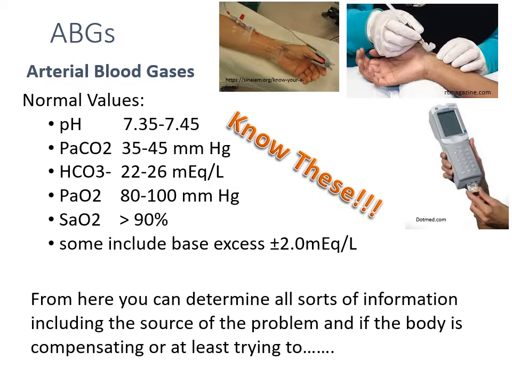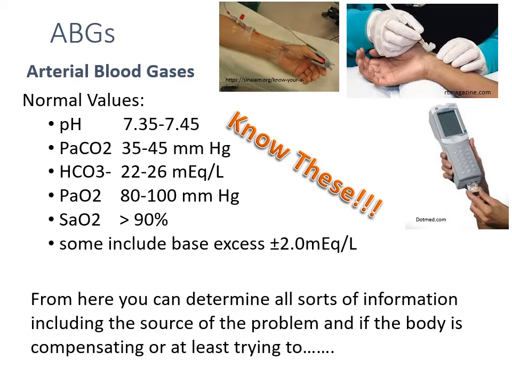Your PaO2, which is the pressure of oxygen in your blood, in your serum, is between 80 and 100. Okay, that's not your oxygen saturation. That's the partial pressure of oxygen in your bloodstream, just like PaCO2 is the partial pressure of CO2 in your bloodstream.